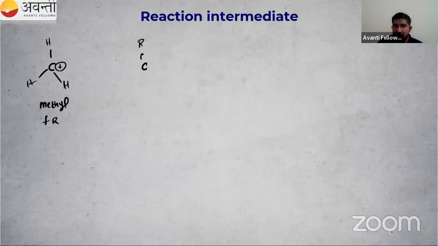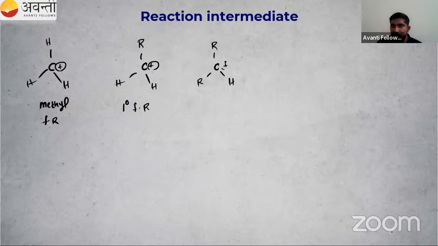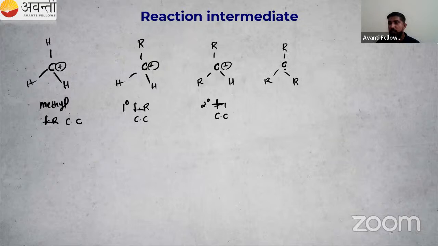Second, carbon with one R group, then H, then a positive charge: this is the primary carbocation. Next, carbon with R, R, then H, then plus: that is the secondary carbocation. Sorry, we are discussing carbocations, not free radicals. Next, R, R, R: it is attached to three alkyl groups with a plus charge, so that is the tertiary carbocation.